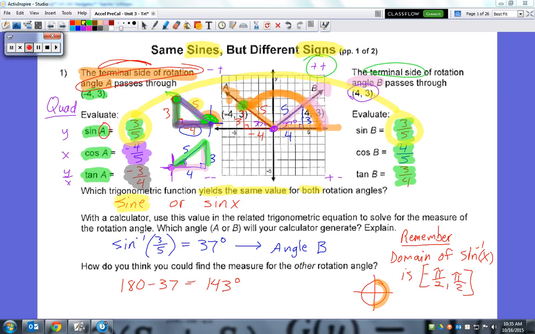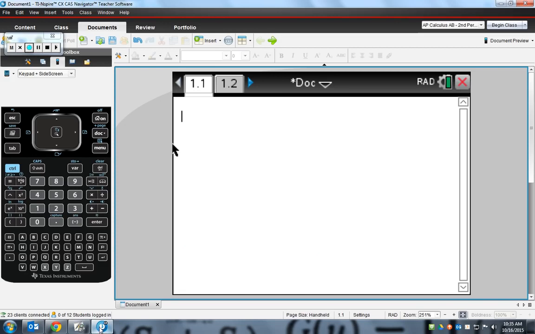So we'll say the sine of x. And then with the calculator, we're going to find the arc sine of that 3/5. So we're trying to find what angle A is if we were to solve here, and what angle B is if we were to solve here. Alright, so let's go ahead and take the arc sine of 3/5 with our calculator.